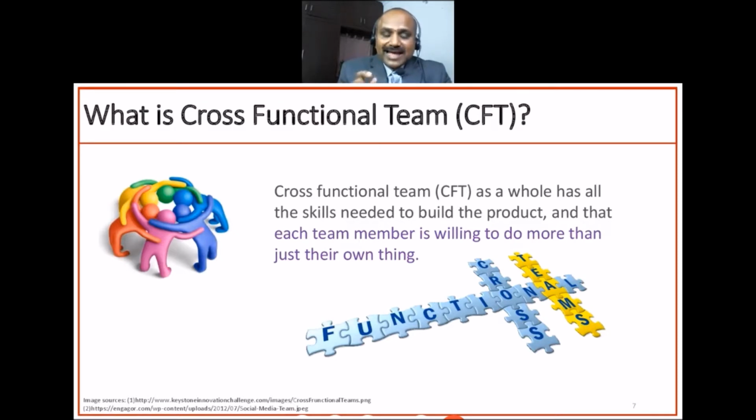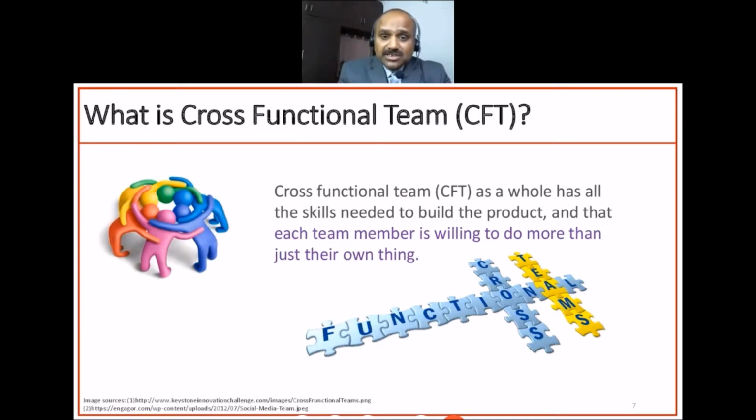No. As a team, they have all the skills required to build the product, and the very important thing is each member is willing to do more than just their own thing. That is very, very crucial. In a cross-functional team, people won't say, I'm a middle layer guy, I only take care of the middle layer. No, everybody wants to stretch their skill set and their contribution. That willingness is important.